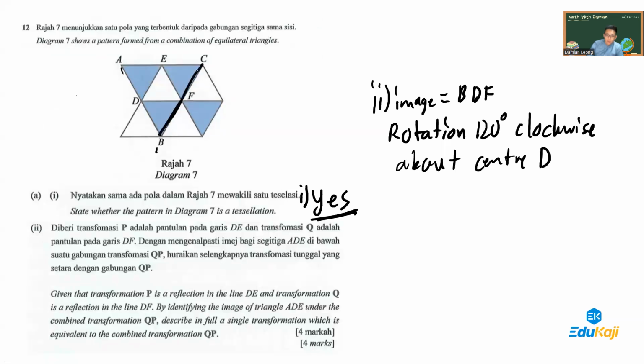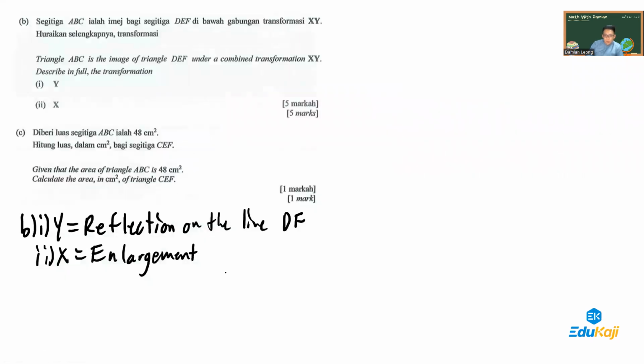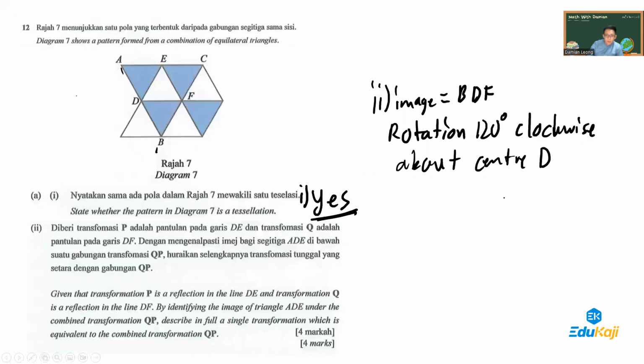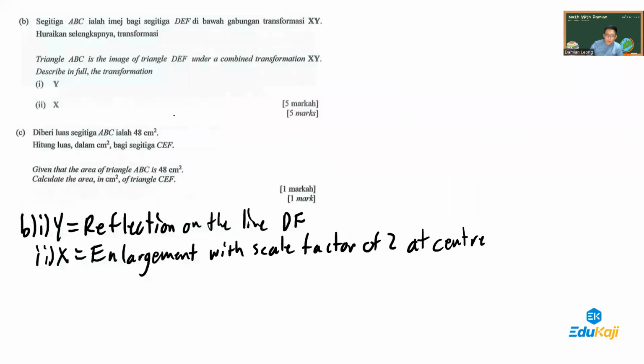This length becomes like this, so it's double the length. So with a scale factor of 2, at center or at point B, the corner that doesn't change. So for enlargement, we always have to state the scale factor and the center of enlargement.